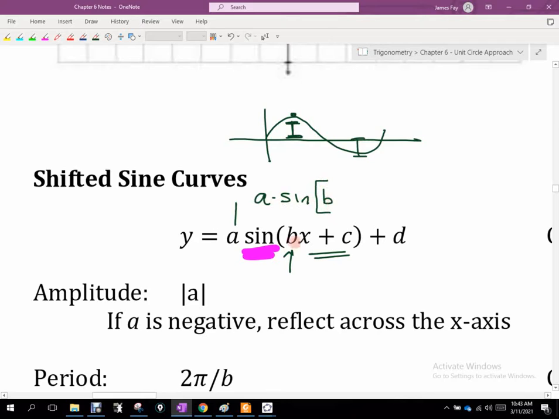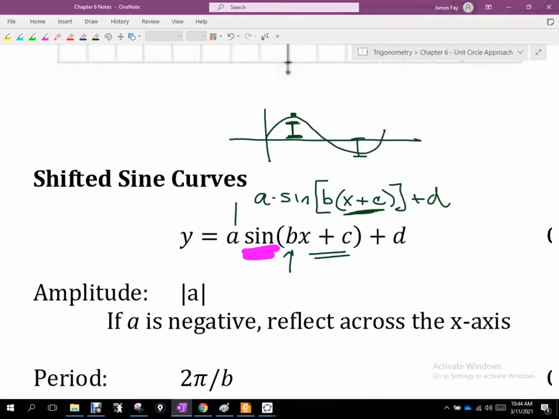We'll pull the B out of this, and we'll have X plus, pulling the B out of this as well, C divided by B. I'm just going to call it still C. And then D. So that's really what we're going to look at, because now we're adding to X and not adding to BX. Does that make sense? That will tell me moving left and right, and then that plus D will be moving up and down.